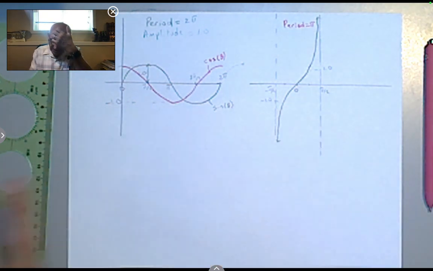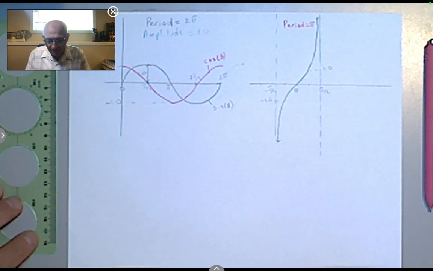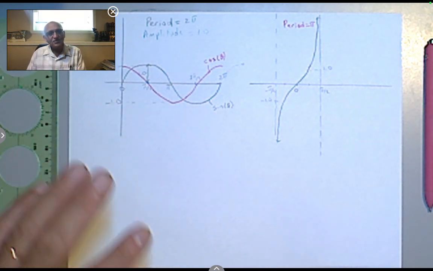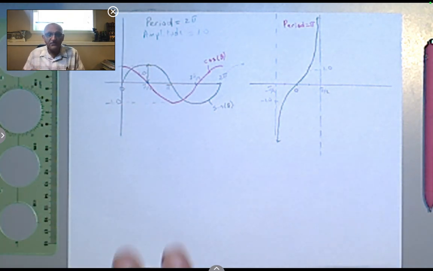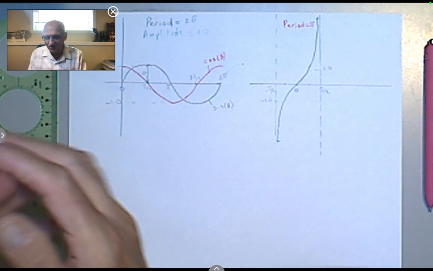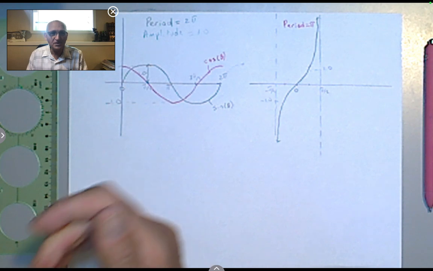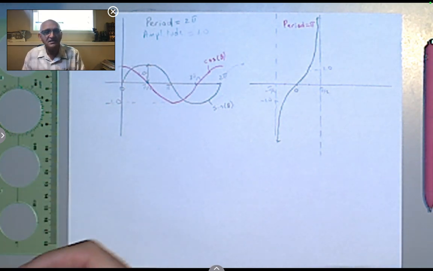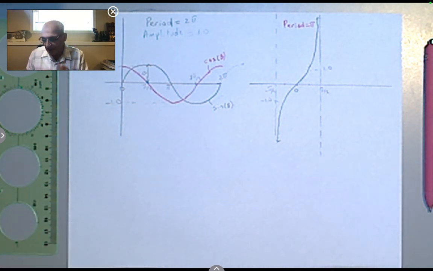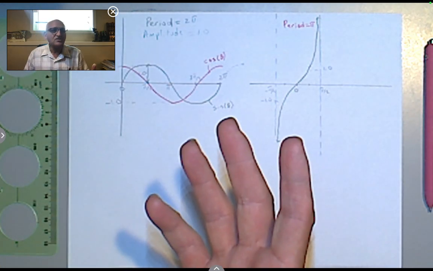If we have a displacement in the x, we can still call it horizontal displacement, but because these functions are used a lot in engineering, especially in electrical engineering, we call it a phase shift. If you join engineering and become an electrical engineer, you will better understand the meaning of the phase shift. Okay, so phase shift here is the same as horizontal displacement.